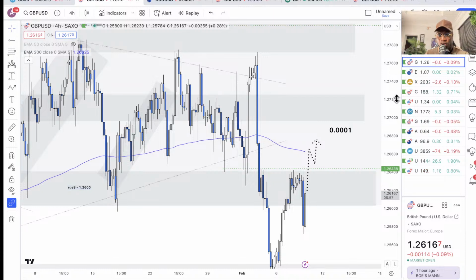The last number, you don't want to include that. That's a pipette. You don't calculate that as a pip. This is the formula for 1 pip, which means if you're looking here and we have 1.2700, all you have to do is add this to get a 1 pip move, which is going to be an increase to this price you have here, and it's going to be 1.27001.